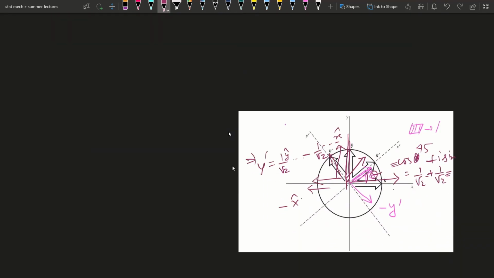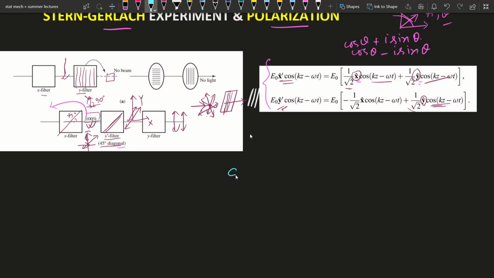So it is justified. Now just make an analogy of the Stern-Gerlach experiment with this. Try to make an analogy of the Sz component with the x and y polarized light, and the Sx plus and minus components with the x dash and y dash polarized light.